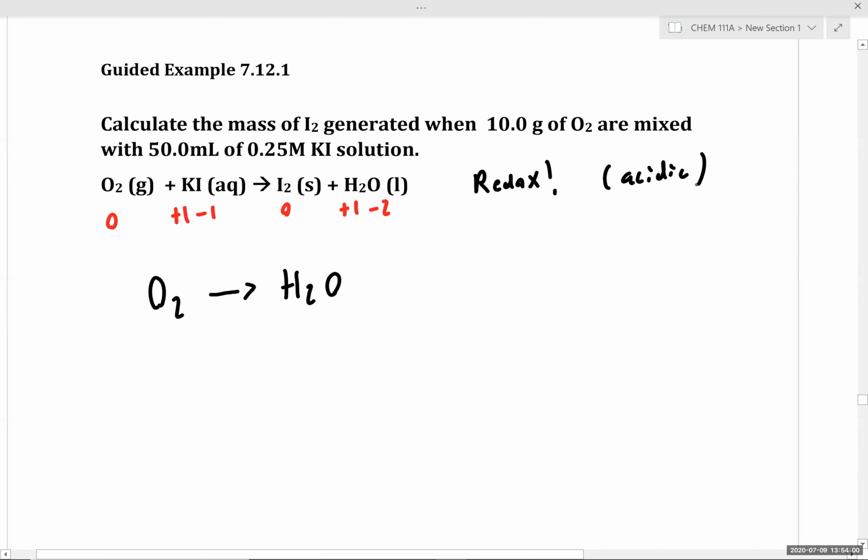It doesn't actually affect the outcome of this process, but just as trivia, this reaction occurs if you try to store iodine or potassium iodide in acid in the presence of air. So you can also use this as an indicator for oxygen in air samples, as the iodide will turn to this dark brown iodine. Okay, so we're going from O2 to H2O.